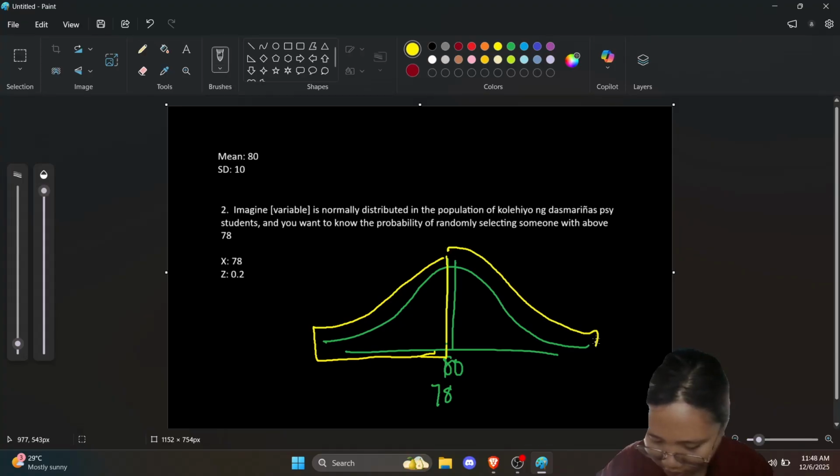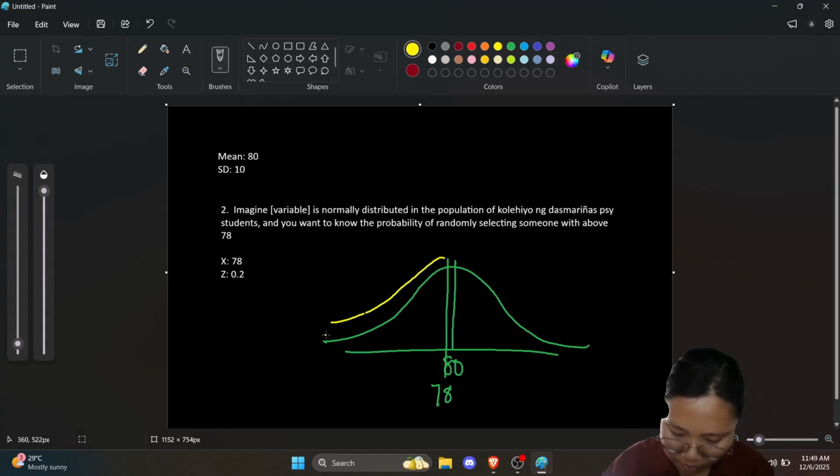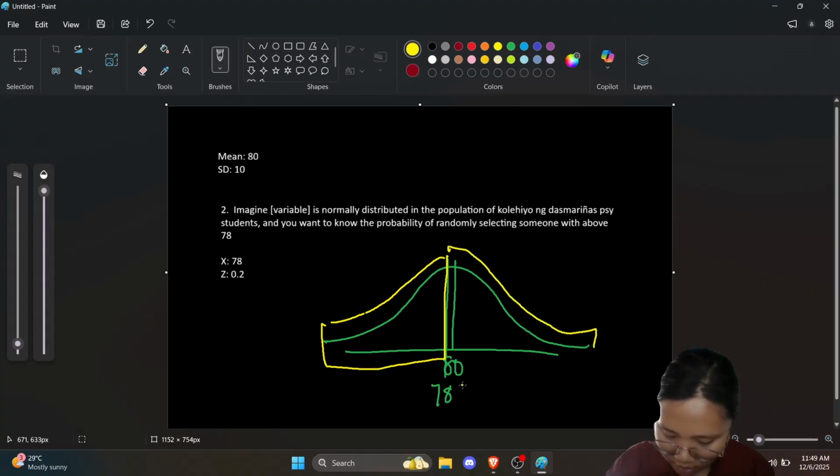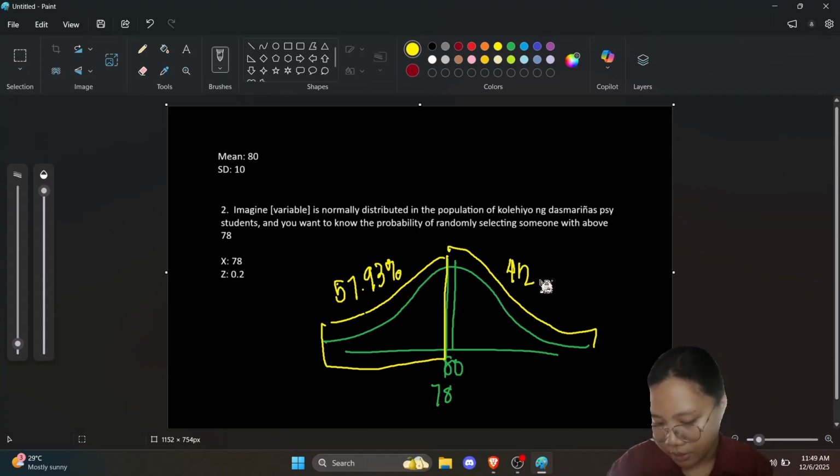Our tail is this, and our in between is here. Our value for the body is 57.93%, for the tail 42.07%, and for the in between 07.93%.